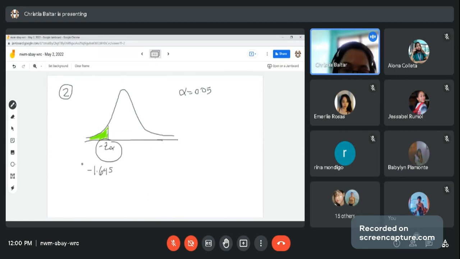If you ask, ma'am, the critical value 1.645 is positive, yes, it's positive, but we are looking at the lower tail test. So we negate the critical value. Instead of 1.645, we get the negative value of our Z because the alternative is a lower tail test.